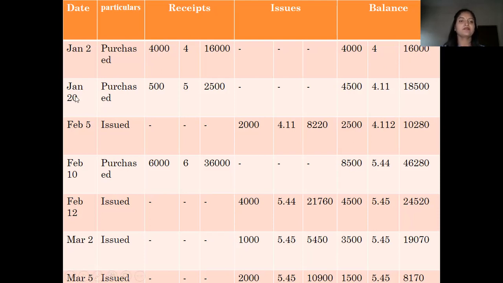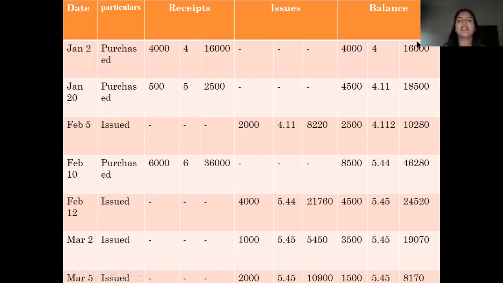Next, on January 20th, we purchased 500 units at 5 per unit. So 500 into 5, you are going to get 2,500. Now, under the weighted average method, whatever total amount you have, with that we need to divide by the total quantity we have.